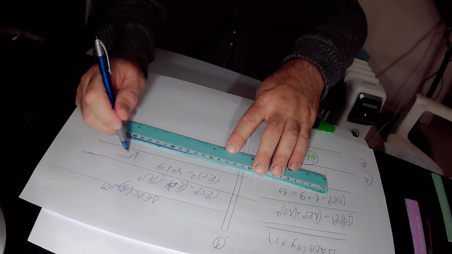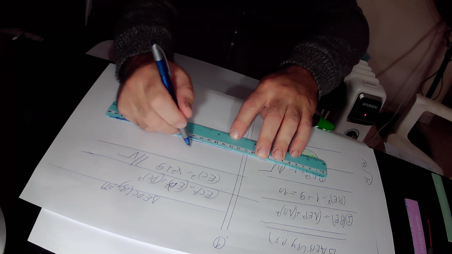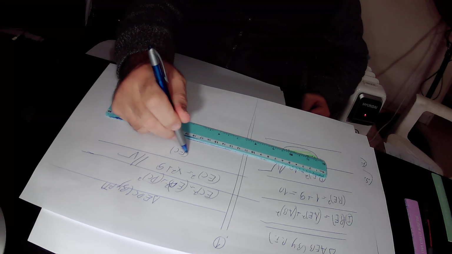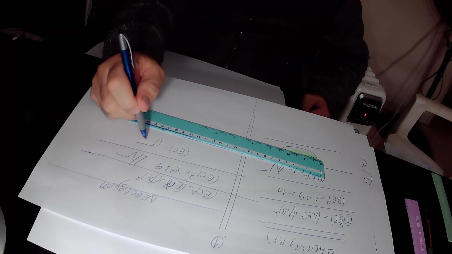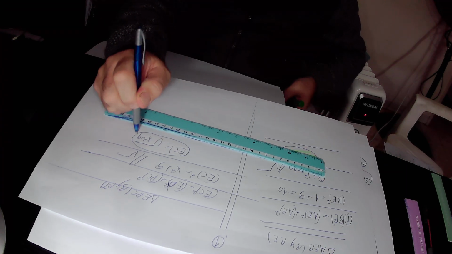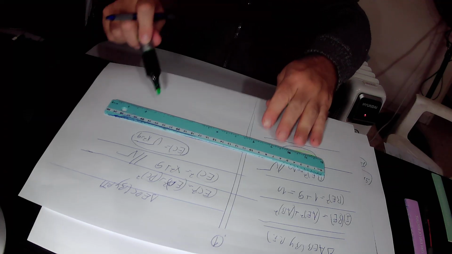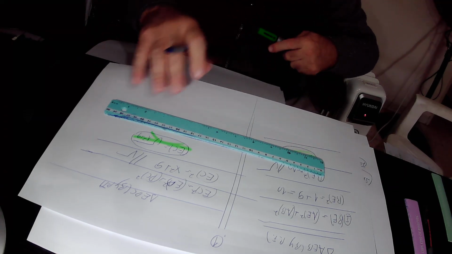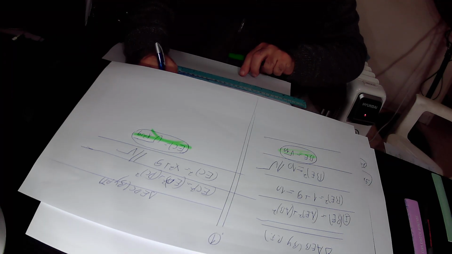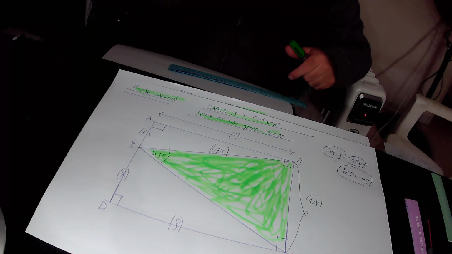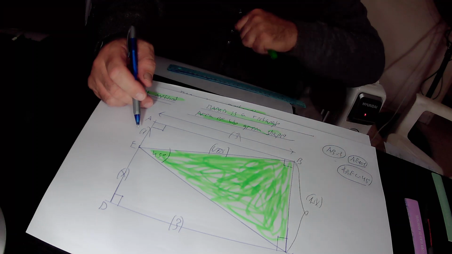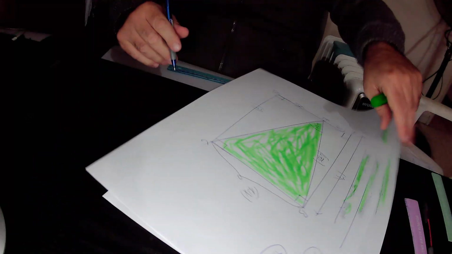Here we take the square root and find that the missing hypotenuse EC of the right triangle EDC is equal to the square root of x squared plus 9.